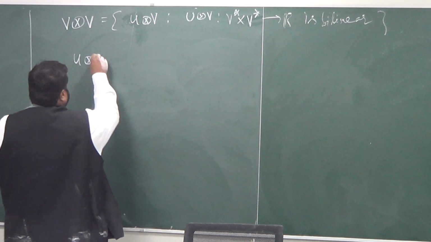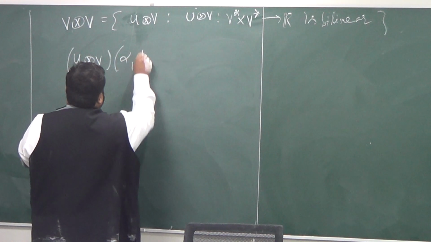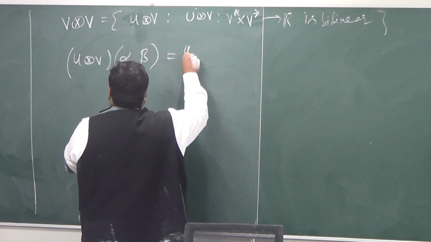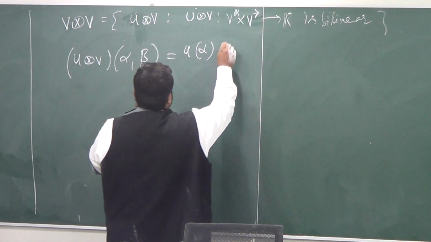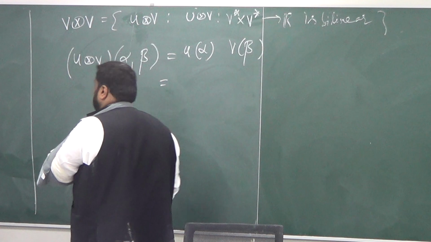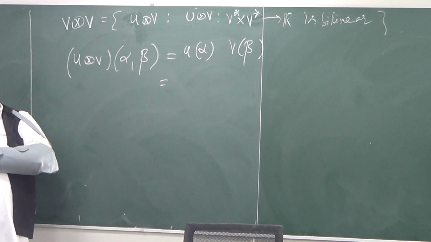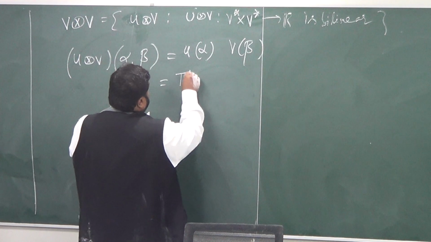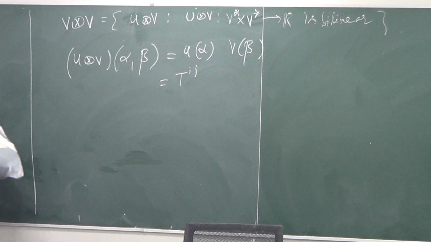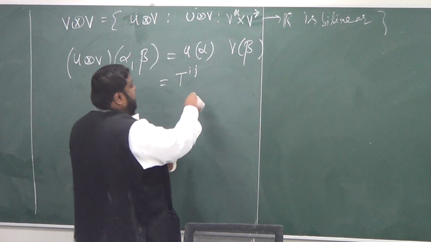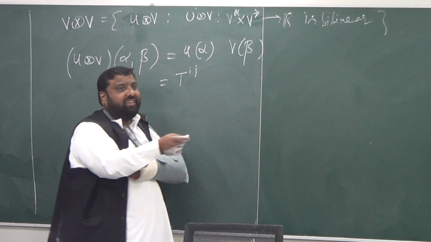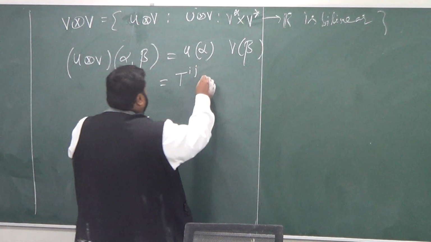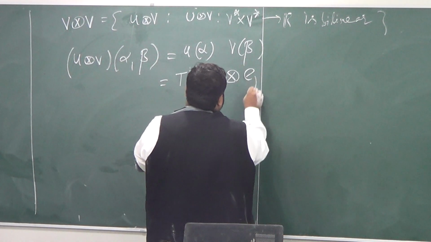If I have U tensor product V and operate it on some alpha, beta, you must get U of alpha and V of beta, which is the same as alpha of U times beta of V. And what you can ultimately write is that I can write this as T^{ij}, with upper indices, multiplied by the tensor products of the basis vectors of V, in other words e_i tensor product e_j.